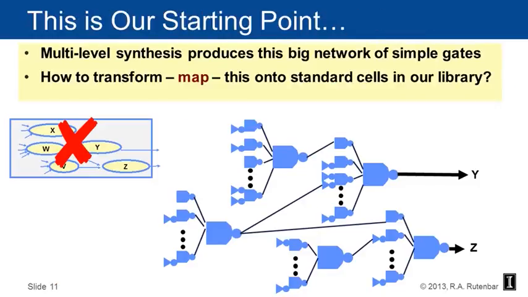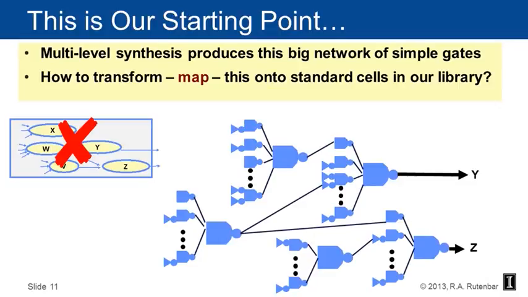So this is our strange and complicated looking starting point. Multi-level synthesis produced, first, a Boolean logic network model with well-structured macroscopic form and well-structured sum of products form. And what we did, in a dumb, brute force, simple-minded way, was push that immediately into real gates, but very simple gates, NANDs and NOTs.